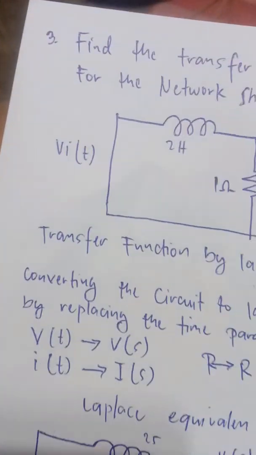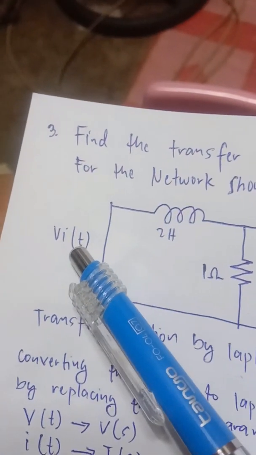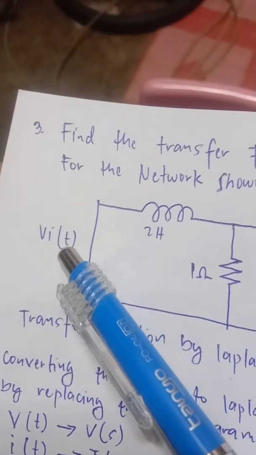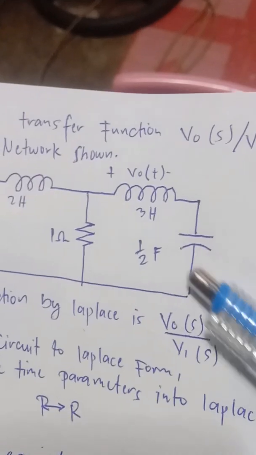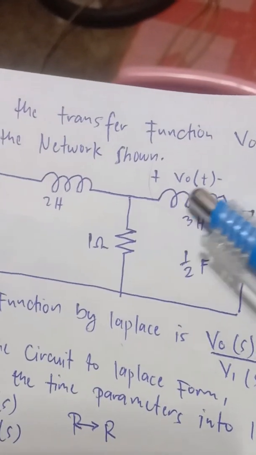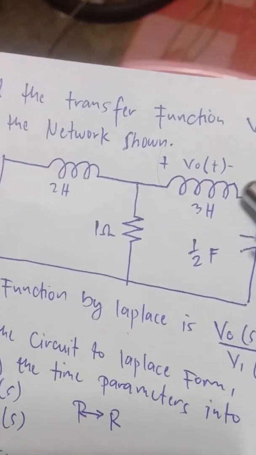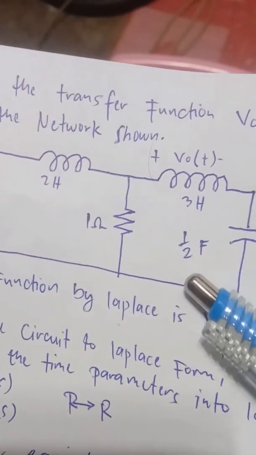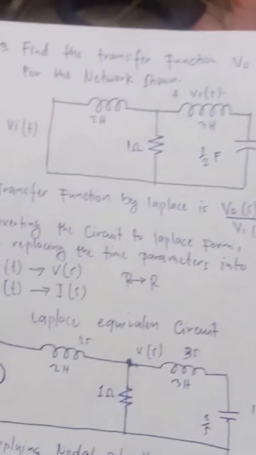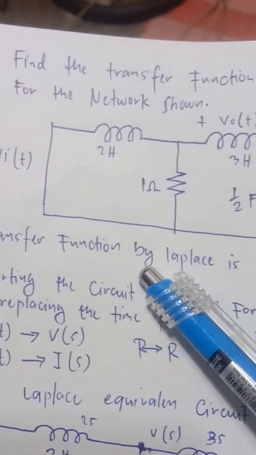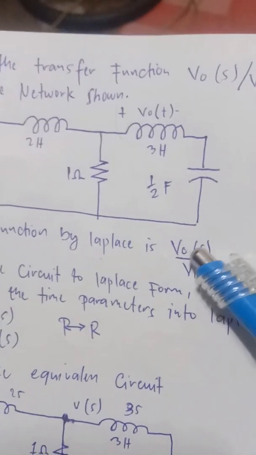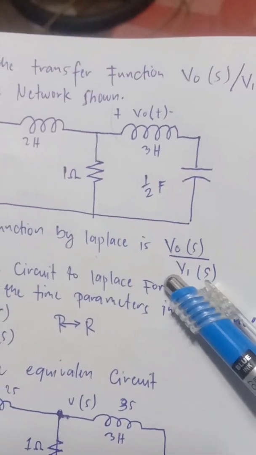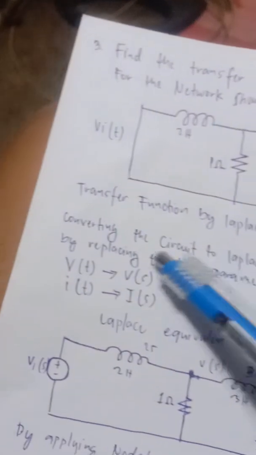Now this is the diagram. This is Vi(t), and this is 2H, and this is 3H, plus this is Vo(t), and this is 1 ohm and 1/2 F. Now the transfer function by Laplace is Vo(s) over Vi(s).